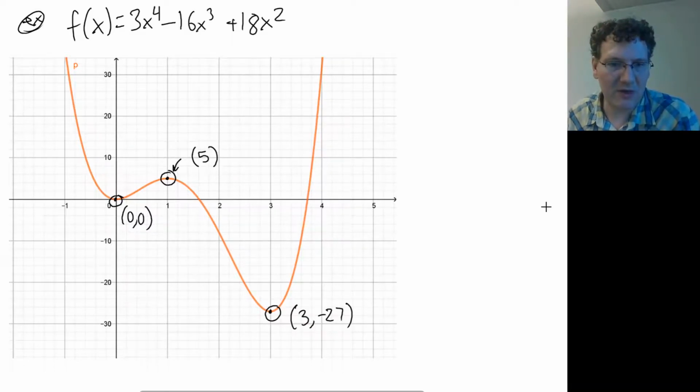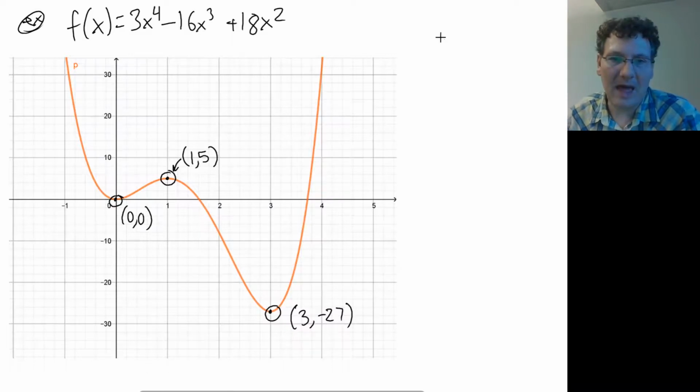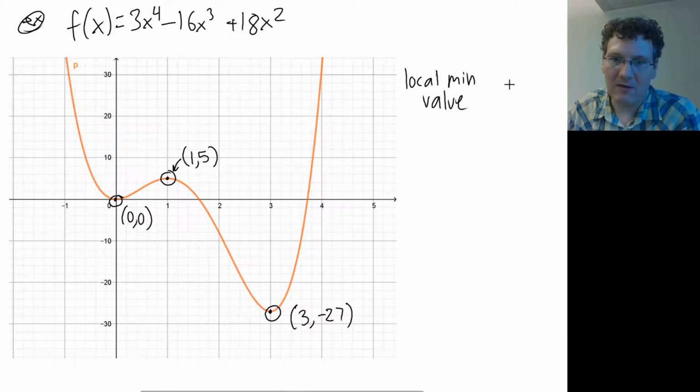You actually have three. You could work this out by zooming in and see clearly that these are the three local extrema. There's the point 0, 0, the point 1, 5, and then over at 3, negative 27. So we do have a local minimum value of 0.